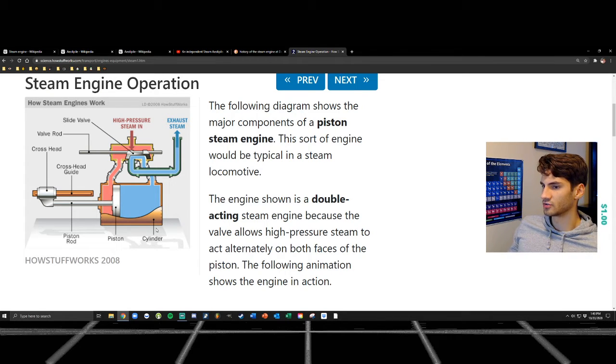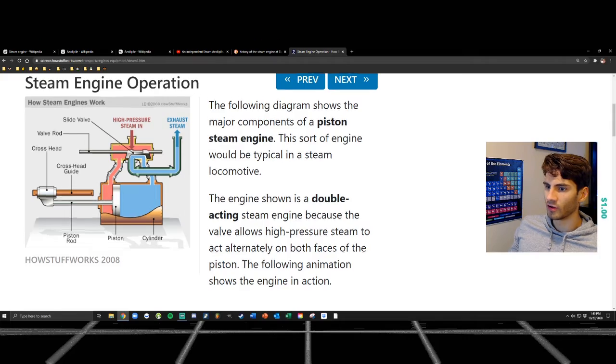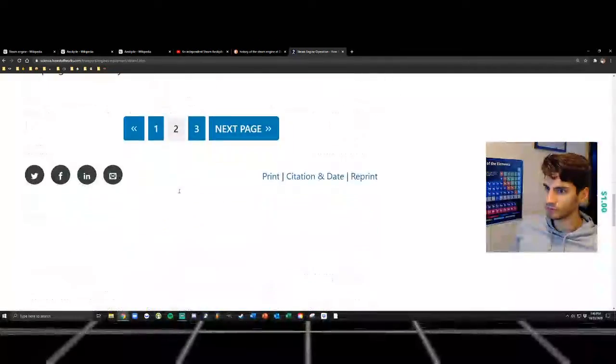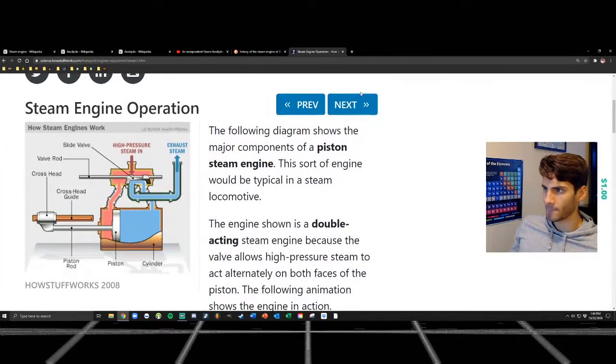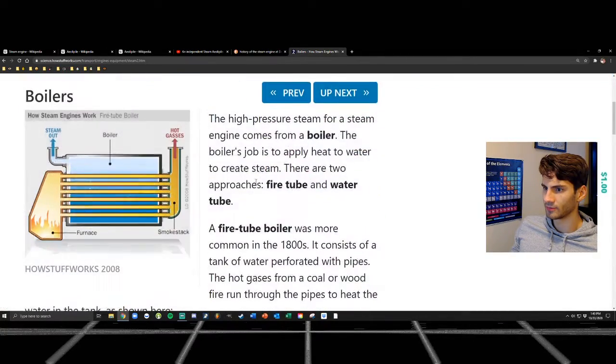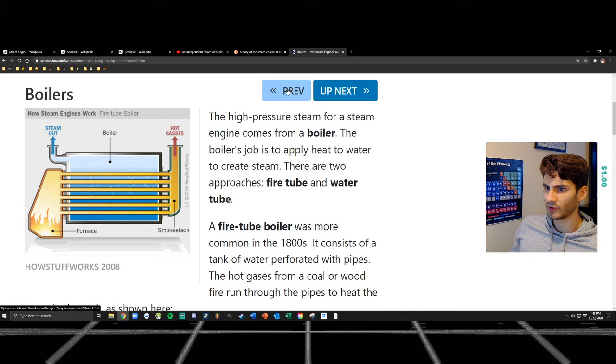The following animation shows the engine in action. Okay, where is it? Next.